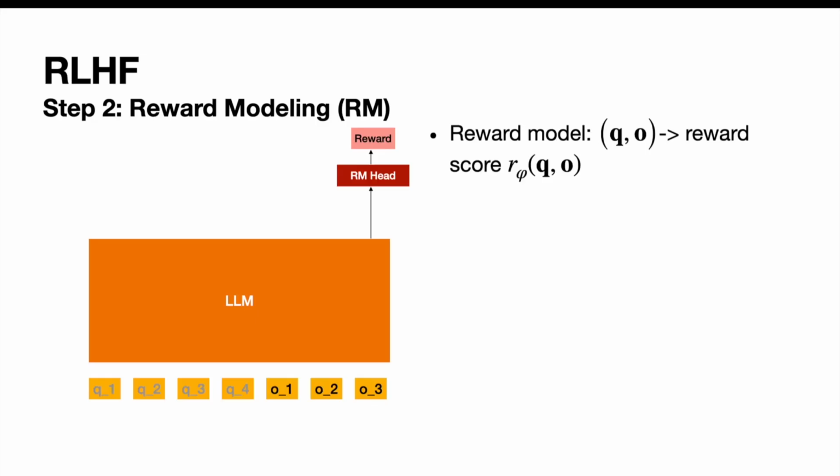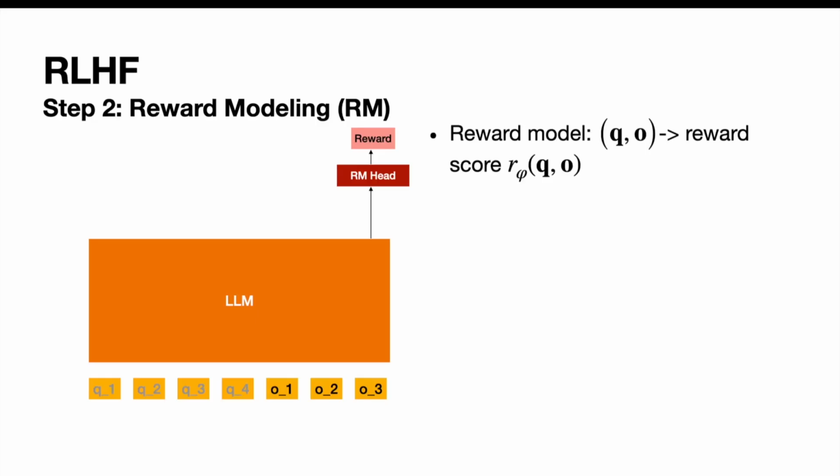In practice, the reward model is usually initialized from the SFT model. We reuse the language model backbone, remove the original language model head that predicts the next token, and add a reward model head instead. This head converts the hidden state of the final token into one scalar reward score for the whole answer.